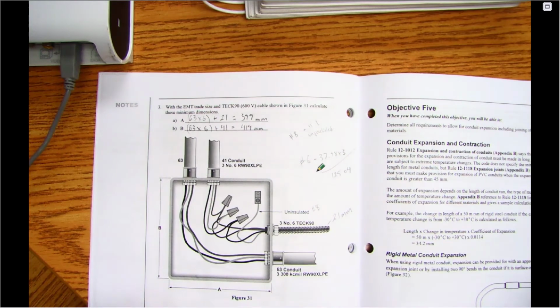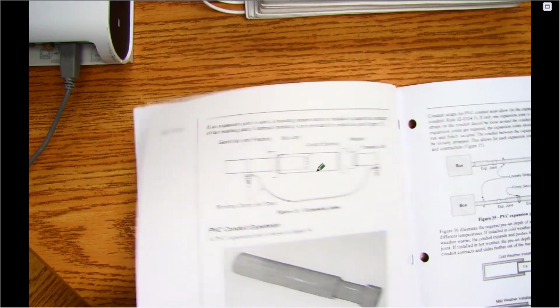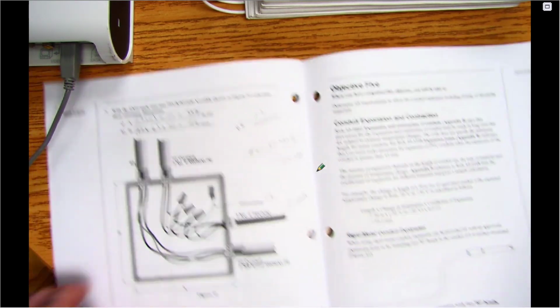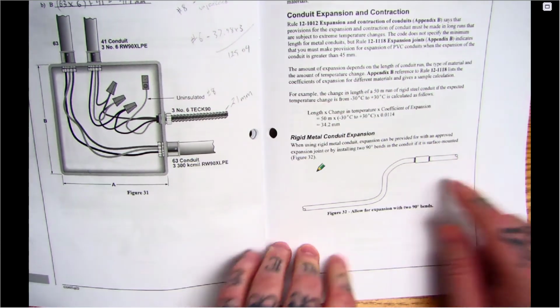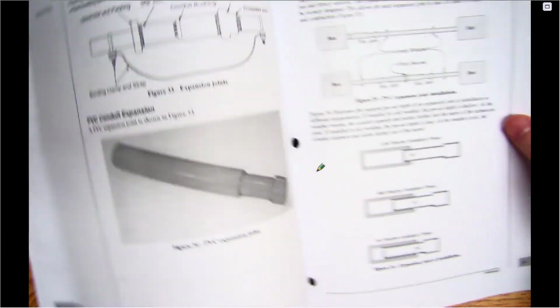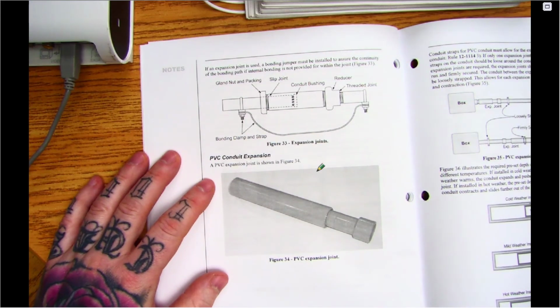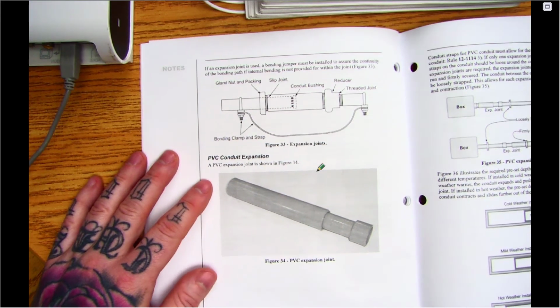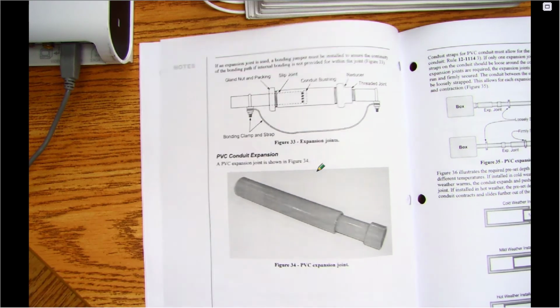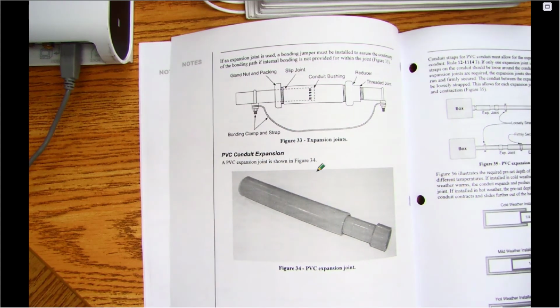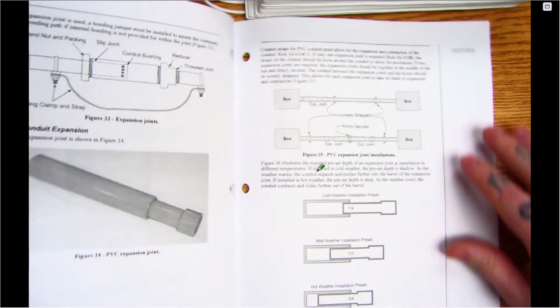expansion or contraction. Basically, you can also do it with a 90 if you don't want to use a back-to-back 90, if you don't want to use an actual expansion joint. But basically, and I'm sure you've seen the effects of this, if you've seen somebody do a long run of conduit that's exposed to a large temperature swing, it ends up buckling and twisting and looks like hell.